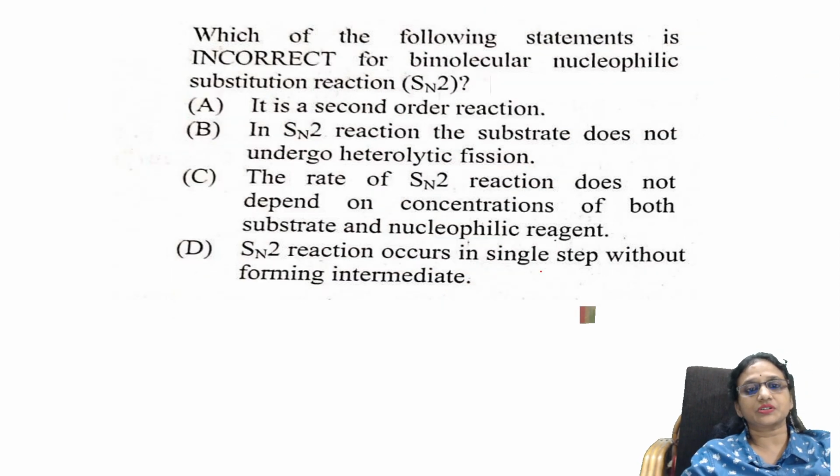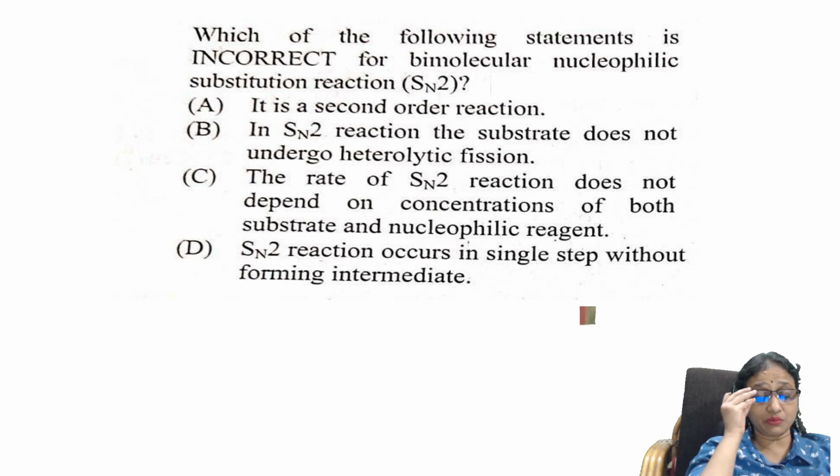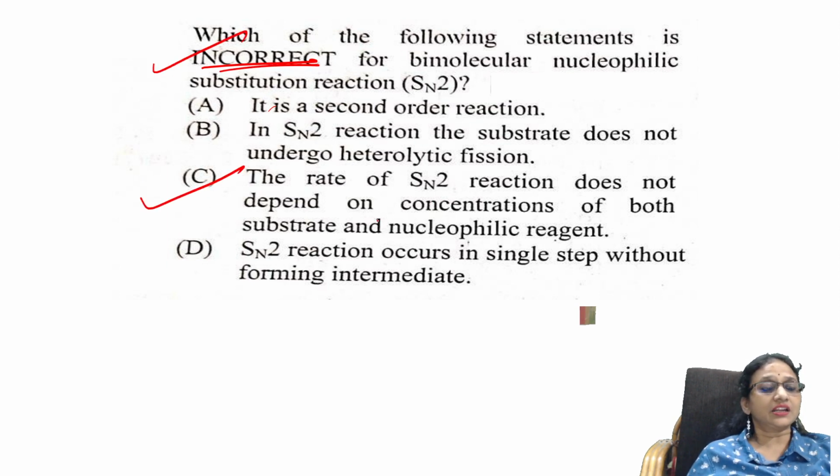Easy. Next question. Which of the following statements is incorrect for a bimolecular nucleophilic substitution reaction? Second order. Which is incorrect, they said. Careful. So according to this, option C is incorrect. Why? The rate of the reaction does not depend upon the concentration. Wrong.